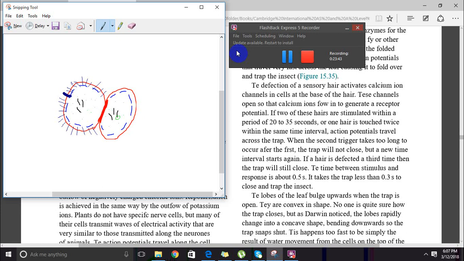So basically, after triggering the second sensory hair, if the insect is really quick and somehow manages to escape or leave the loop within 0.8 seconds, then it's home free, but it likely won't be that quick and it will get trapped, because after stimulation of the second cell, it takes 0.5 seconds for the action potentials to travel across the loop, and a further 0.3 seconds for the trap to respond by closing and trapping the insect.